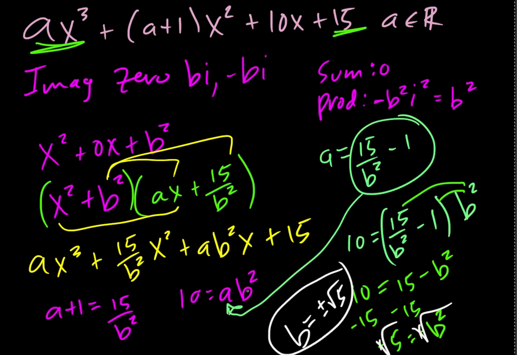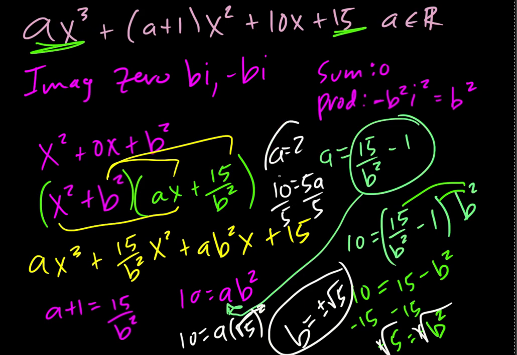Now I can plug that in here. 10 is equal to a times the square root of 5 squared. It doesn't matter if it was positive or negative because it's going to go away when we square it. So that's just 5. So 10 is equal to 5a, and so a is equal to 2.